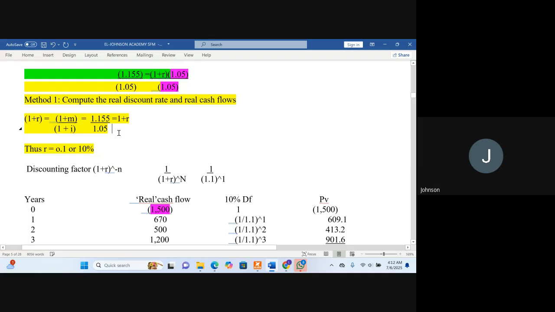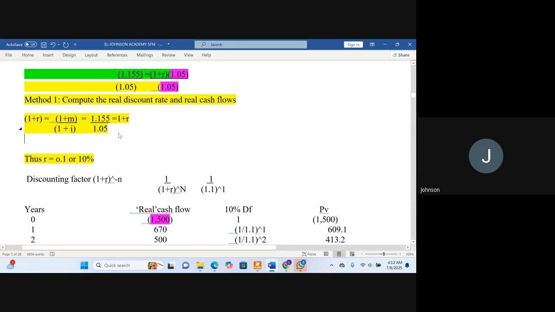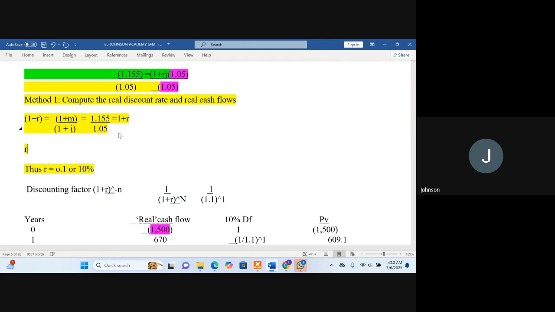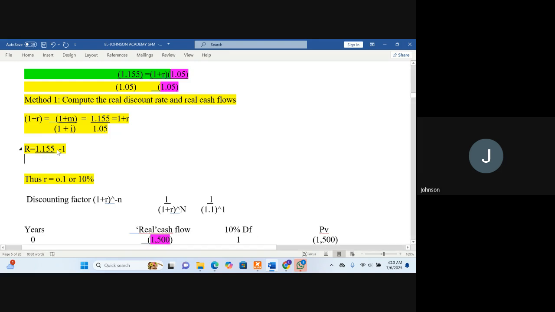So if we are collecting like terms here, we say r equal to 1.155 divided by 1.05, minus 1.